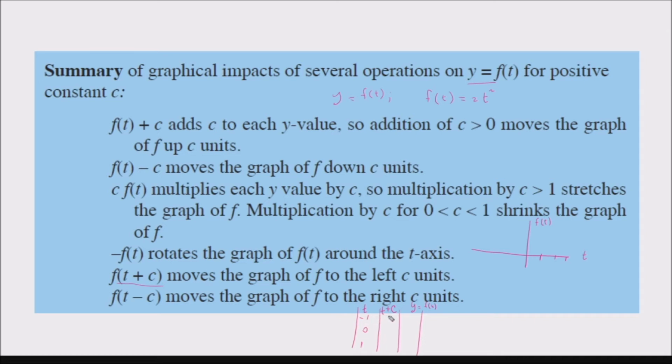So if my equation is f(t) equal to 2t squared, if I replace this t by t plus 1, this is what I get. That will be a little bit bigger value for my y. In this case, my y value will be (t plus c) squared.